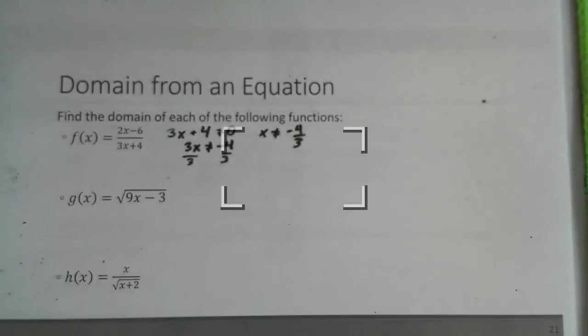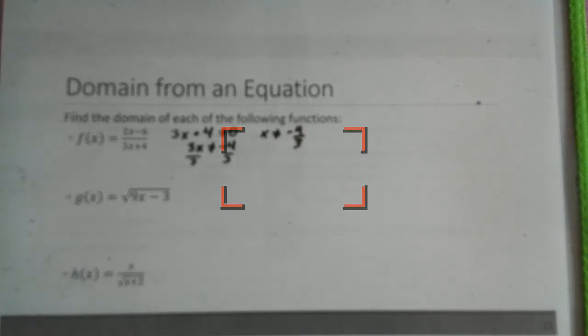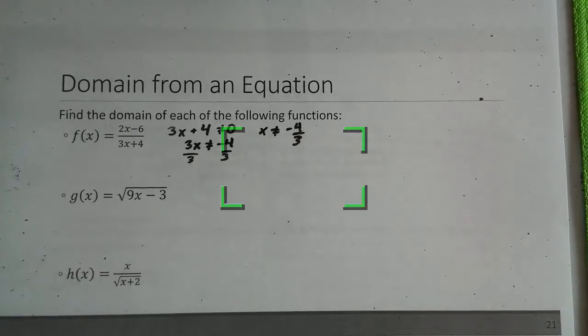I now need to check, are there any even roots? So do I have a square root, or a fourth root, or a sixth root, or an eighth root? Do I have any radicals at all? No. So I don't have to worry about that one. The third one I need to check is, are there any logarithms? So I have to check the argument. Not in this one.